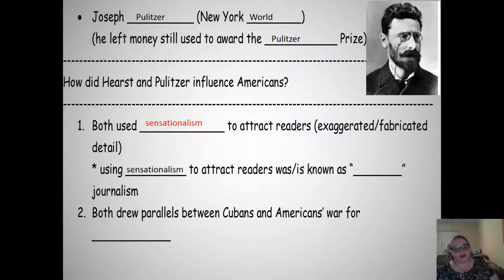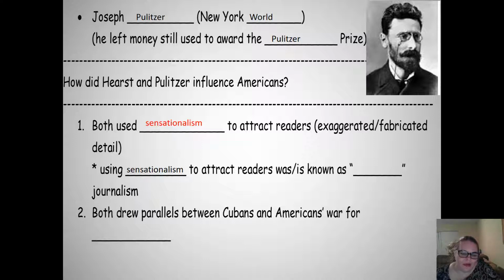Sensationalism is whenever you stretch the truth or you use clever wording tricks to make things sound more important than they actually are. It's when you lie, guys. You make up stories to sell papers.